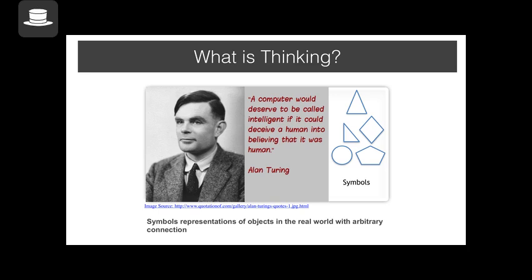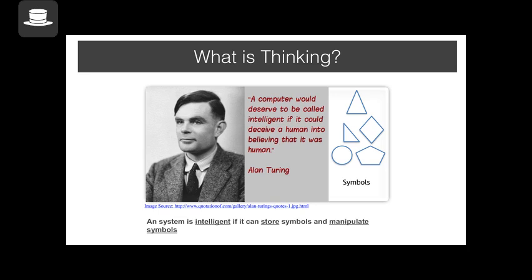So, what makes symbols is this idea that they represent objects or ideas in the real world, and there is no real connection between them. And this particular thing is what makes a symbol.